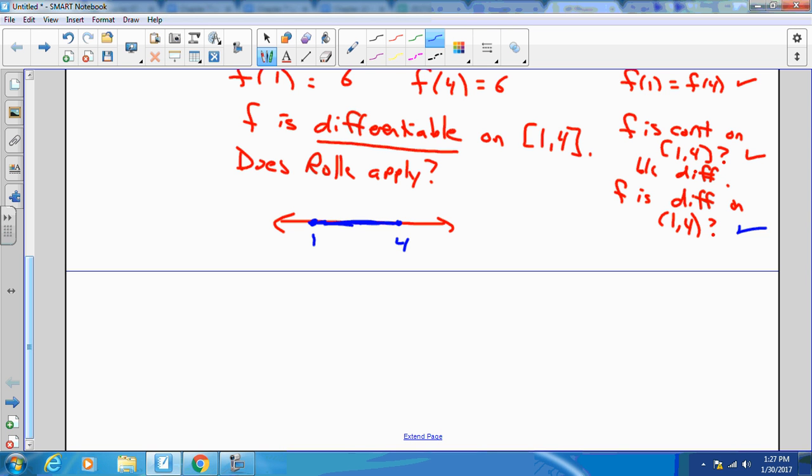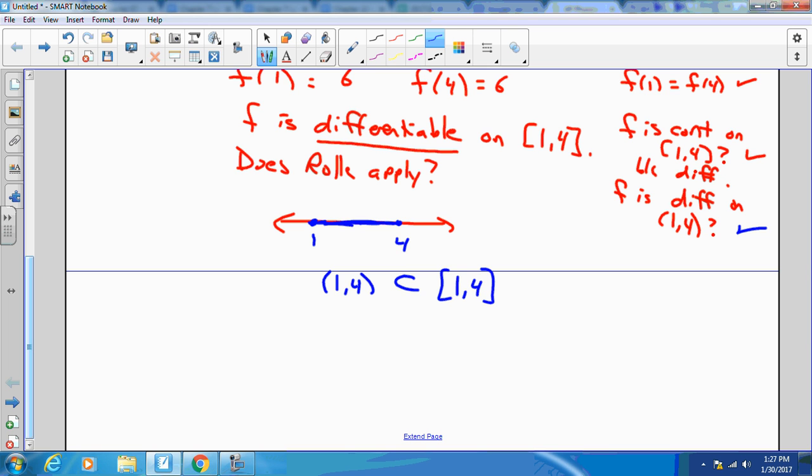And therefore, f is differentiable on every value in the open interval 1 to 4, because the open interval is a subset of the closed interval. Here's a math symbol for you.